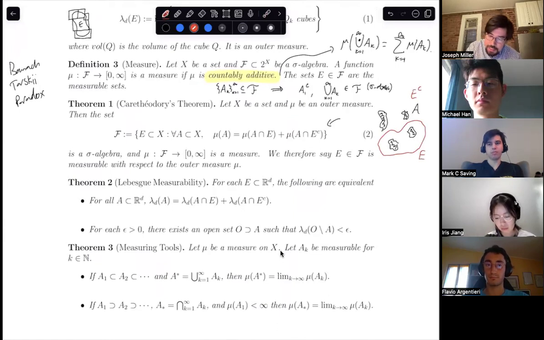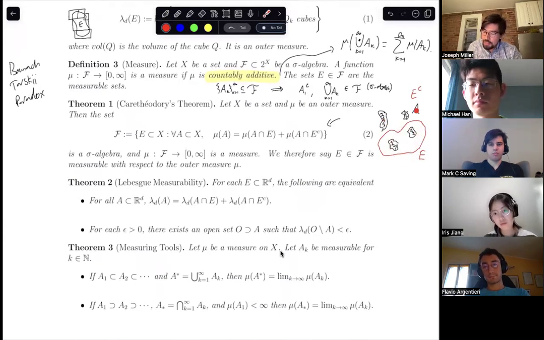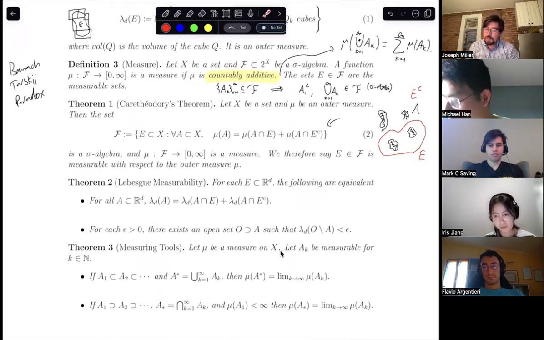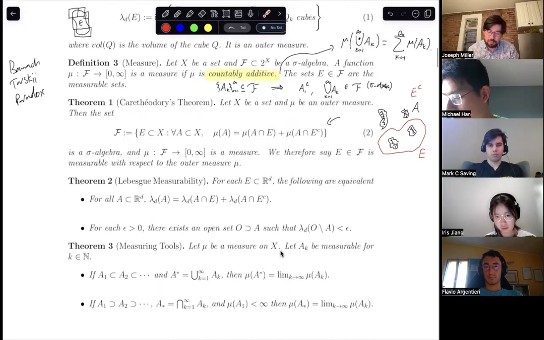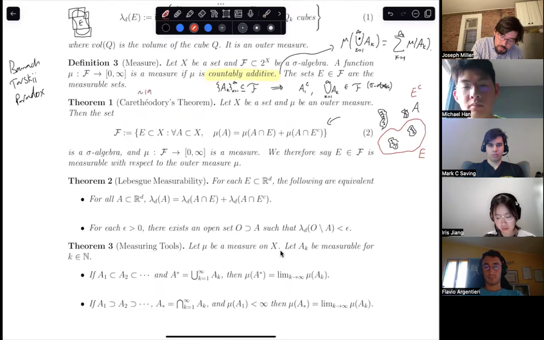The idea is I should be able to use my set E to split apart the intersection of A and E and the intersection of A and E complement. And if this happens for every possible collection A, I split my measure like this, then I say it's measurable. This is not easy to check, that this gives you actually a measure. That's why it's called Carathéodory's theorem. This was proved, I think, around the 1900s, maybe 1920s.